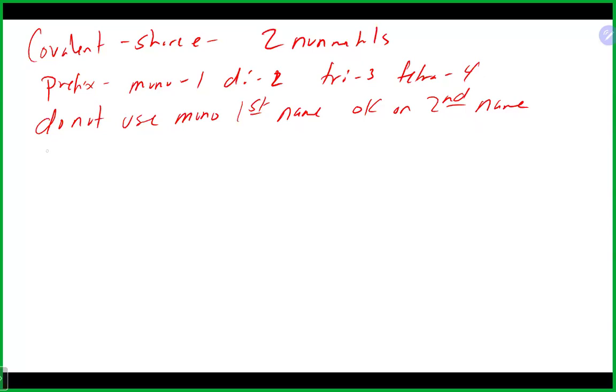So typical ones that we usually want to avoid is when we get an A and an O, A from the prefix, O from the element. We do typically get rid of the A off of the prefix. A couple of O's, again, O off of the prefix. We typically drop it. I think we looked at CO, which was again carbon monoxide, not carbon monooxide or anything like that. So again, we do drop those kind of awkward things.